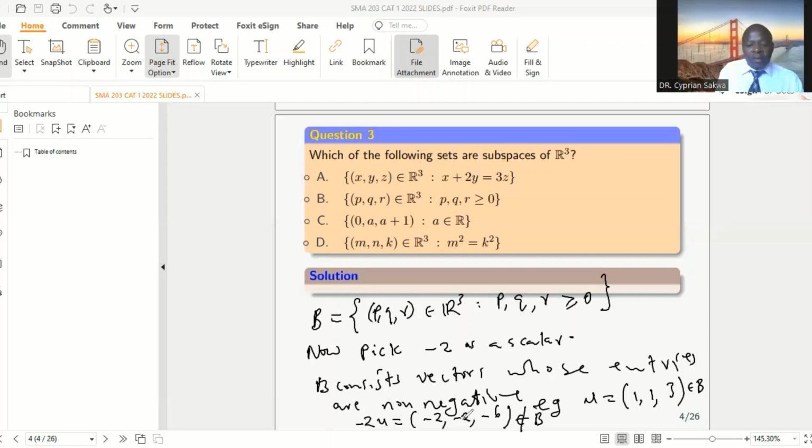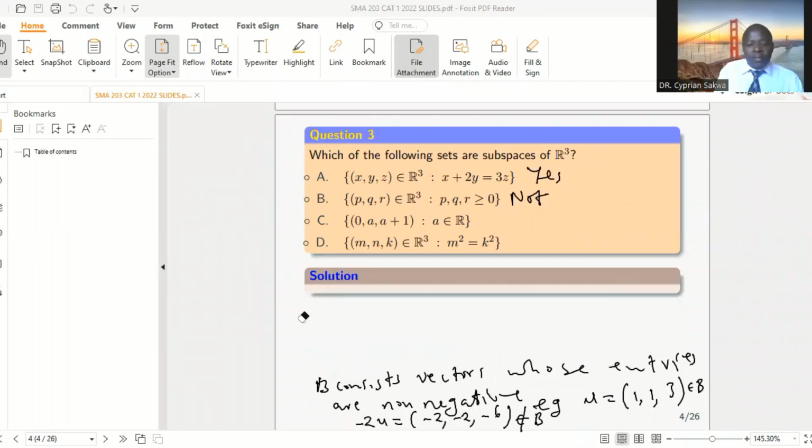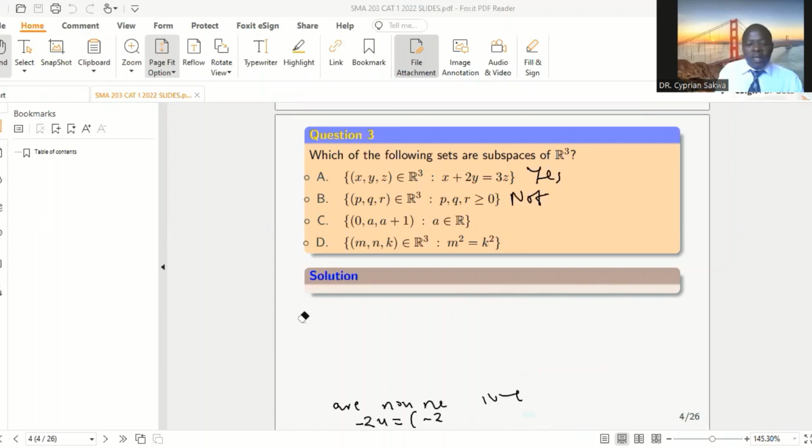So this result here is not in B. And therefore, B here is not closed under scalar multiplication, and so B is not a subspace. This one is a subspace. What about C? Let me just take a space and see whether C is a subspace or not. And if it's not, I just give one example to show that one of the conditions is not met.